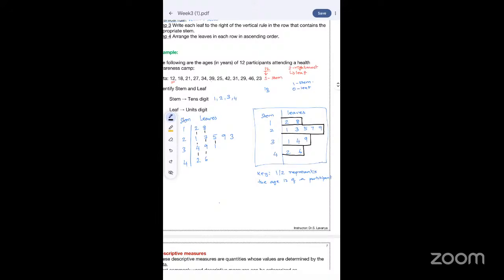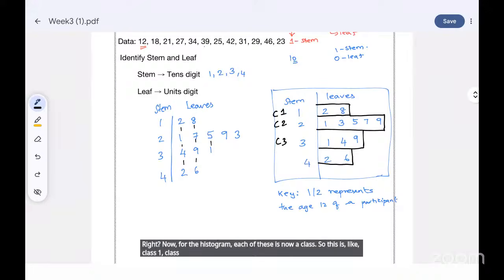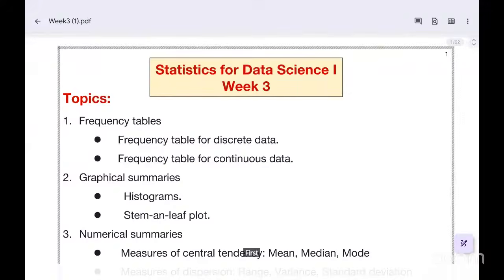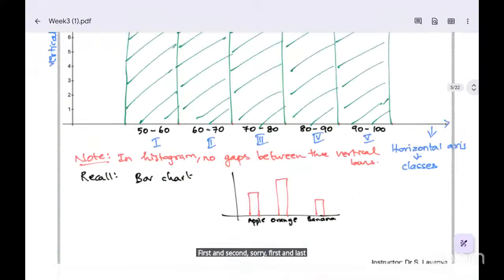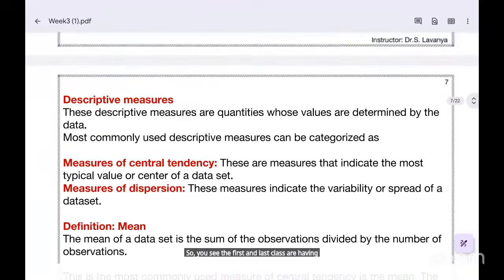So do you see that it is looking like a chart? It is looking like a histogram, vertical. Now, what is a histogram? Each of these is now a class. So this is like class 1, class 2, class 3, class 4. You see the first and last classes have the same sizes, right?